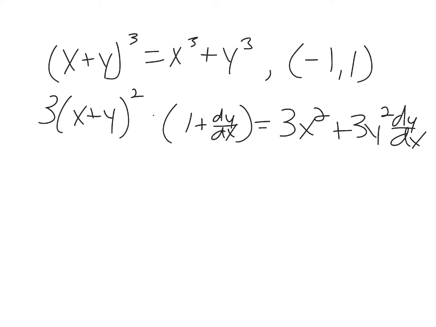As you are aware, we need to move all the dy dx to one side, but first we need to distribute. So we're going to get 3 times x plus y all squared, plus that same thing times dy dx, because we're taking this and multiplying by 1 and dy dx.